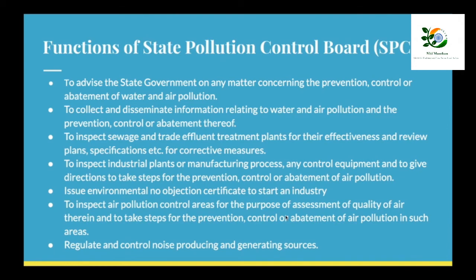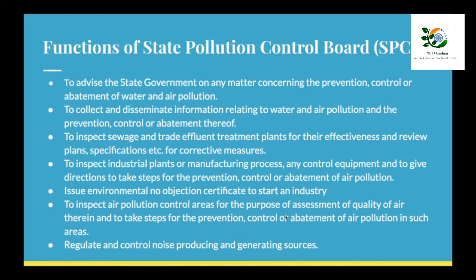It is also the duty of the board to inspect air pollution control areas for the purpose of assessment of quality of air therein, and to take steps for the prevention, control, or abatement of air pollution in such areas. Further, the board regulates and controls noise producing and generating sources as well.